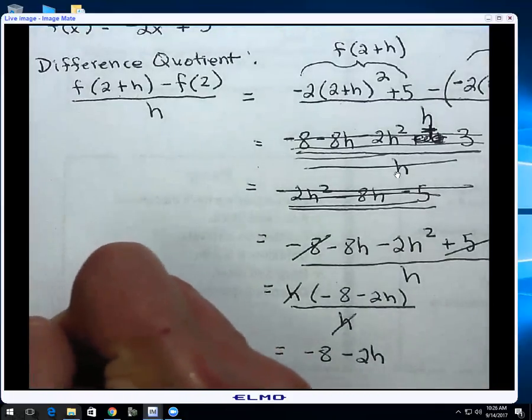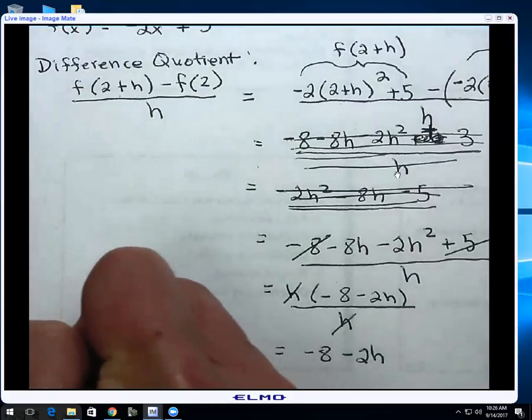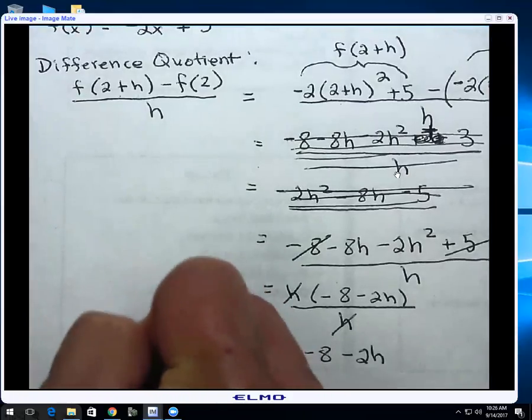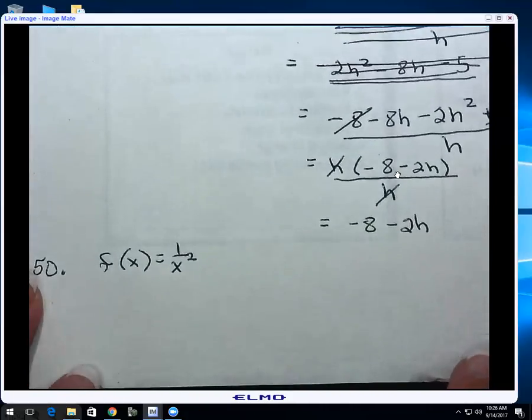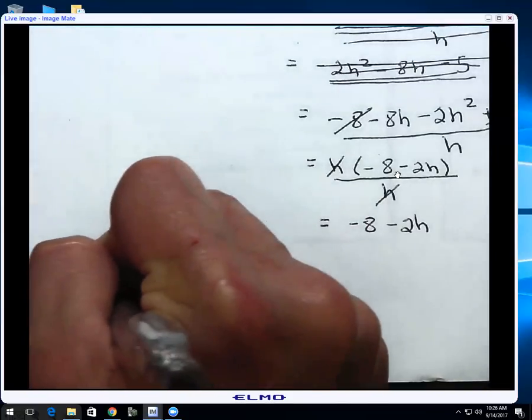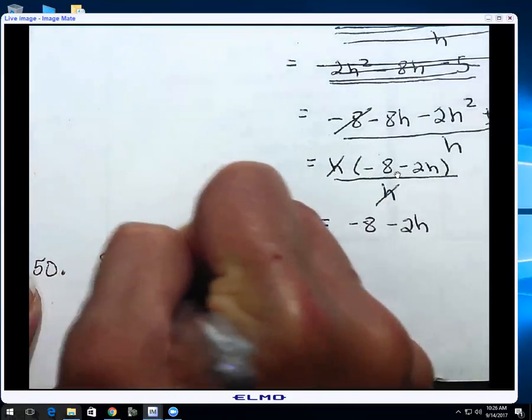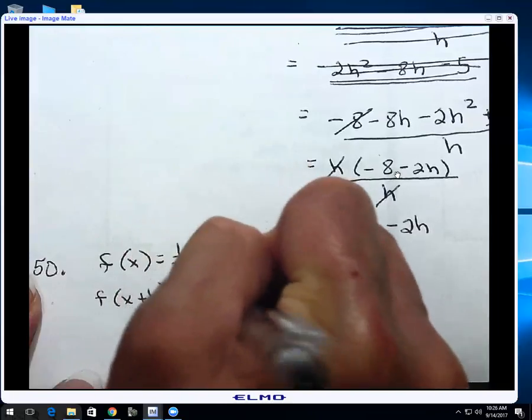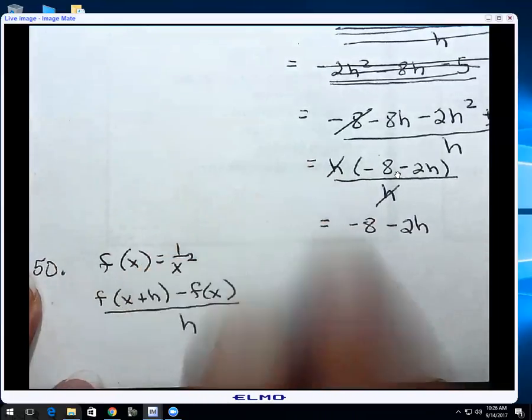We have a different function, 1 over x squared, and we have a slightly different recipe. The recipe this time is f of x plus h minus f of x, divided by h.